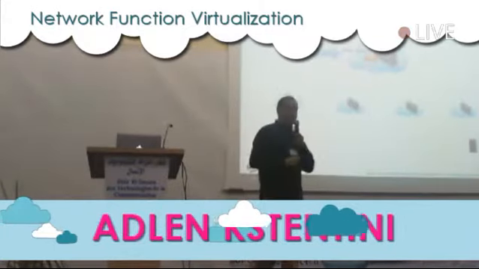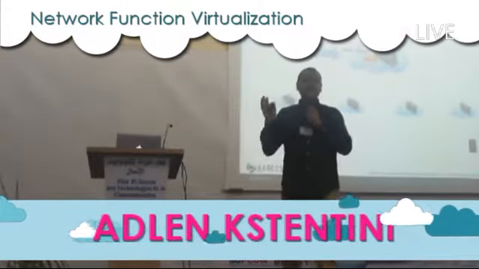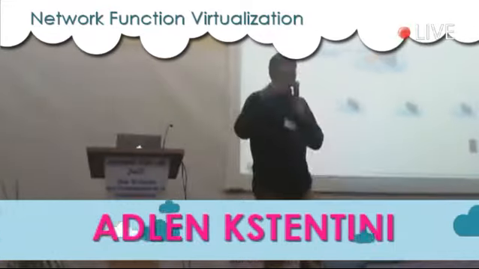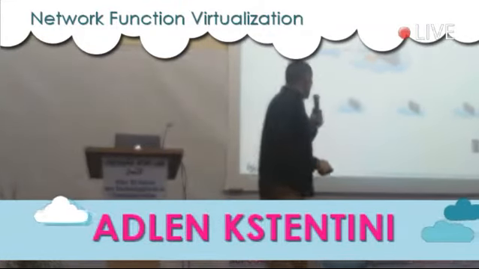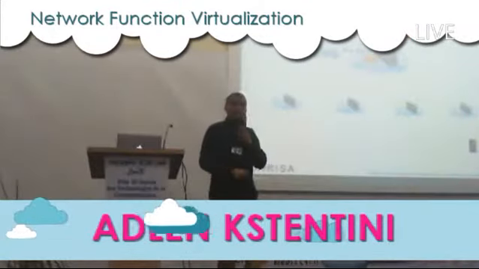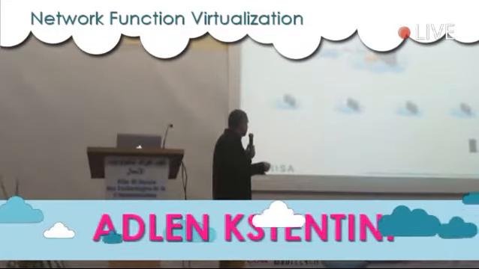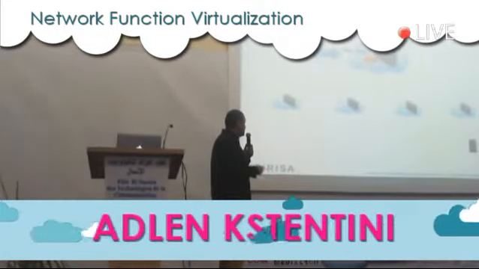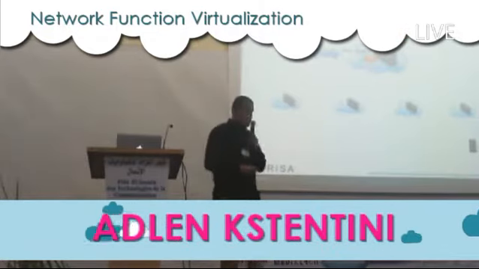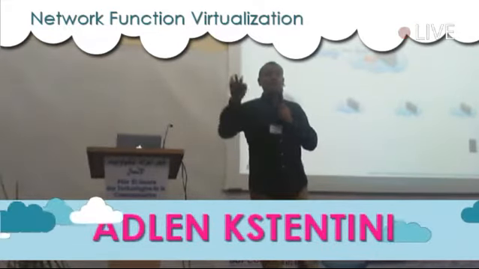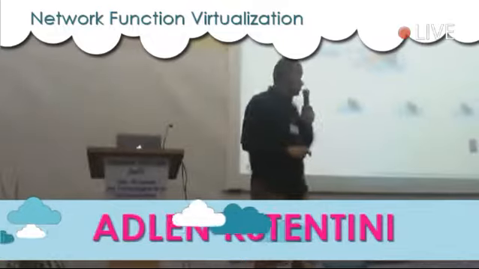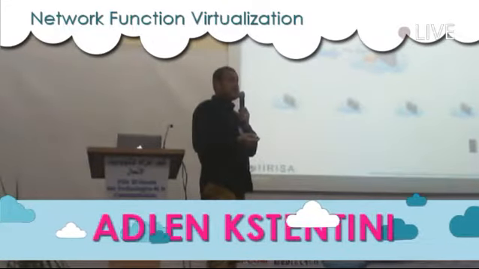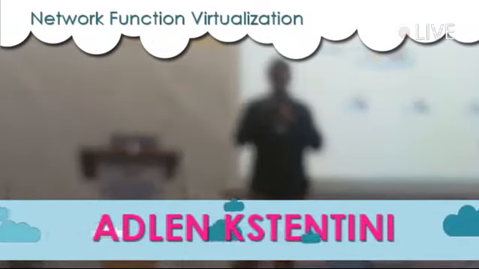So the content provider, through an API and through OpenStack, says: I have this video which is about this festival, and I want this video to be put in the network for this location, and we want to serve this population of users.